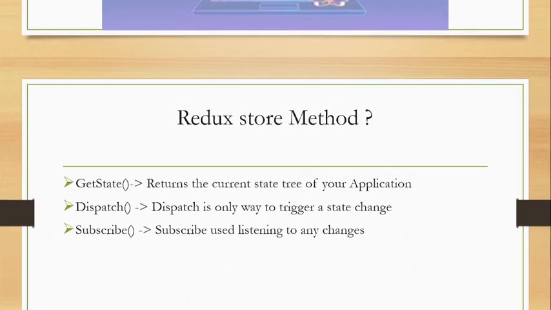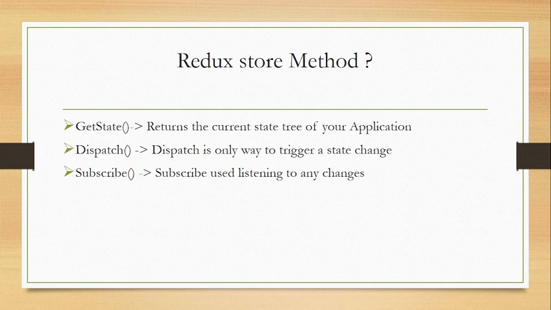Those are steps, and getState is used to return the current state. First we need to identify what the current state is in that application, and getState is used to return that current state.